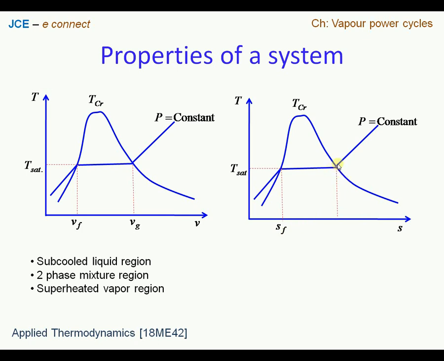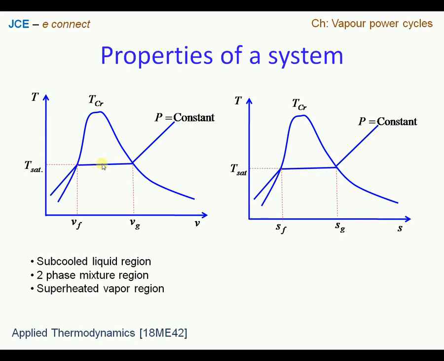Similarly, at a dry saturated condition, when we drop a perpendicular to the x-axis, we get the entropy at the gaseous phase. So we have the Sf value and the Sg value. Now suppose the system is lying within the dome, then the dryness fraction exists.